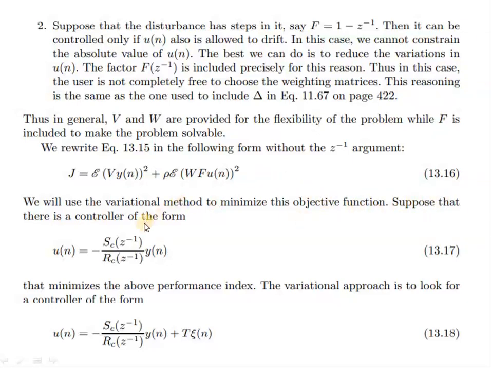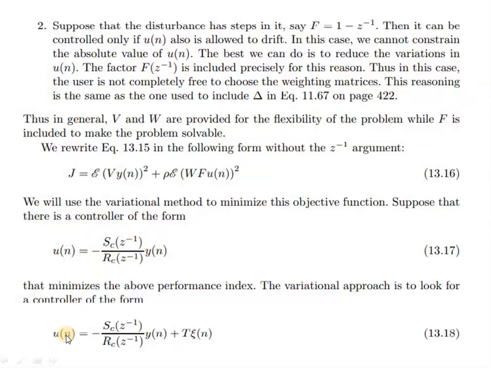Suppose that there is a controller of the form u(n) = -S(z^-1)/[R(z^-1)] y(n). This is the transfer function of the controller, and with its help we have to minimize the performance index. But in the variational approach, we look for another controller transfer function instead of this.